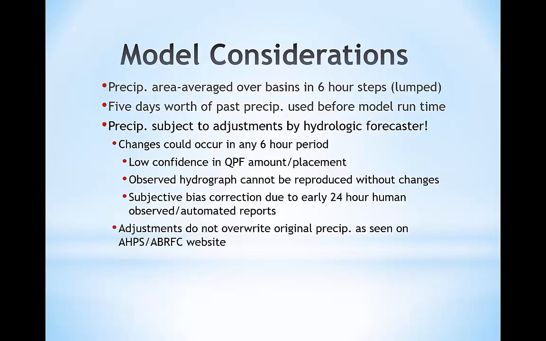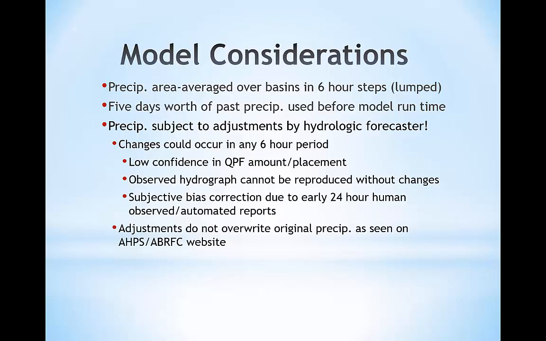For example, the hydrologic forecaster has low confidence in the QPF amount or placement following coordination with the relevant WFO and/or his/her own experience. The initial observed hydrograph response cannot be reproduced without changing the recent precipitation amount, or because early 24-hour observed precipitation reports within the basin indicate initial QPEs need some degree of subjective bias correction.